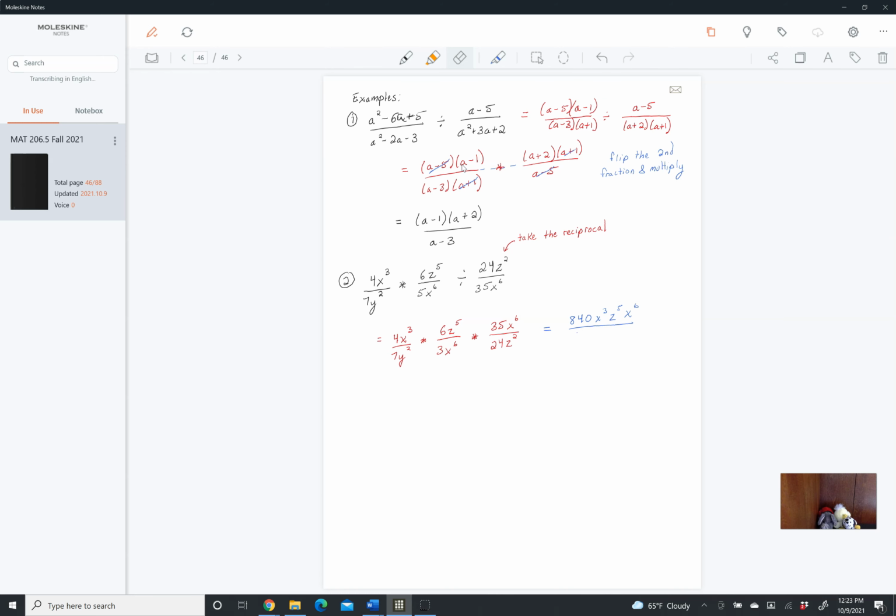That's 504. y squared, x to the 6th, z squared. Sorry, that's a square. Okay, from here, we would just simplify the x cubed and the x to the 6th and then simplify from there, okay?